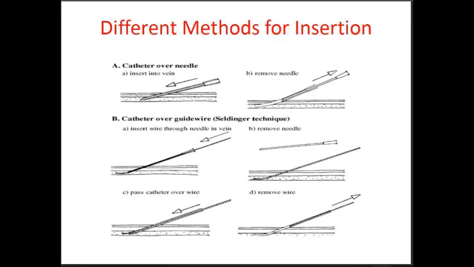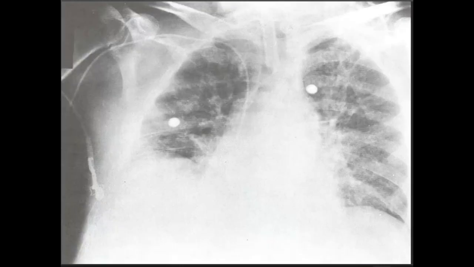This is what is called the Seldinger technique. The advantage of the Seldinger technique is that the wire stabilizes your axis, so you don't lose the axis. In general, it is the most common procedure used if you want to cannulate large veins and large vessels.